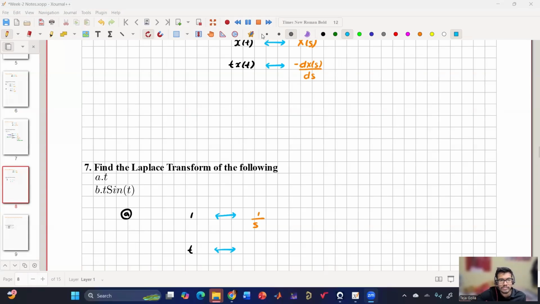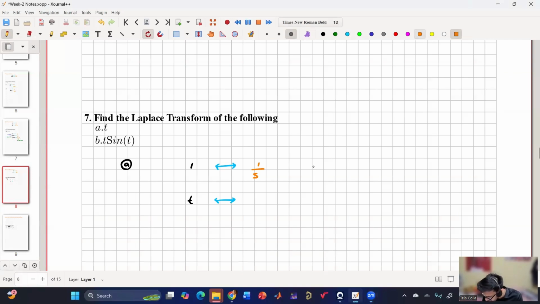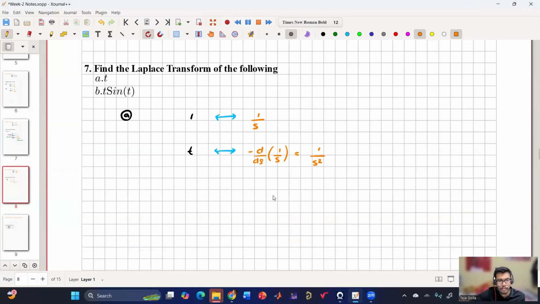Agree? Minus d by ds of 1 by s. Yes. Very good. So now we have minus d by ds of 1 by s. So what is the result of this? Minus 1 by s square, so with the sign it is 1 by s square. Very good. Yes, so it is 1 by s square.